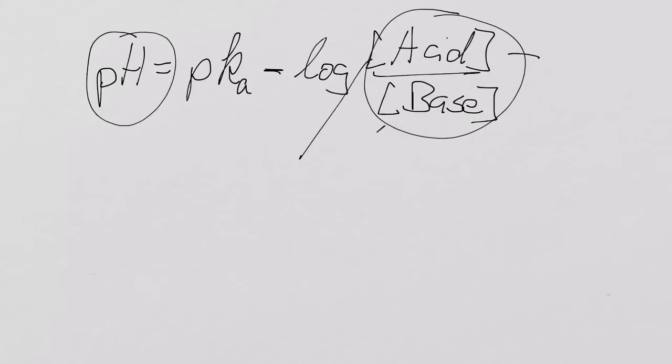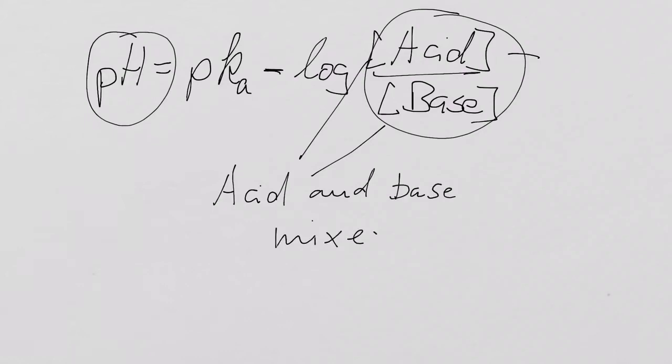So what we can do is, for example, mix an acid and a base together, and as a result, we get a certain pH. We can adjust the pH. Usually we mix these things together and they have a certain volume.